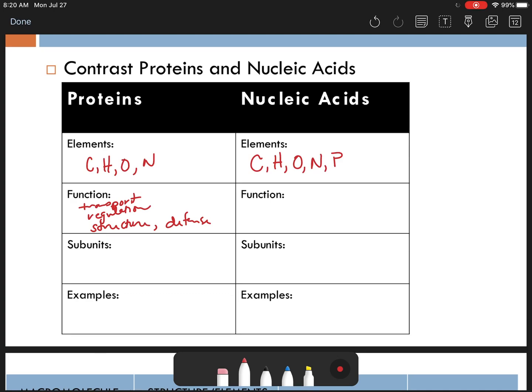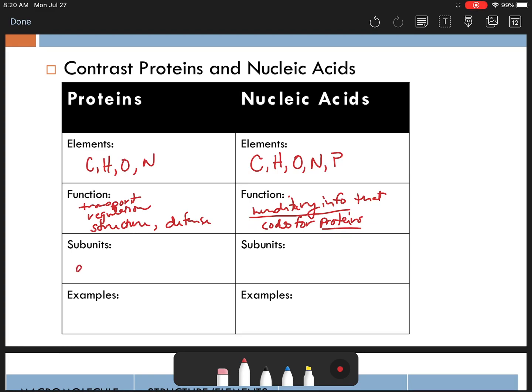Nucleic acids function in terms of your hereditary information. I'm just going to write info. The codes for proteins. And it's all your proteins that give you your traits. That's why it's your hereditary information, because those proteins are what are going to give you your traits.